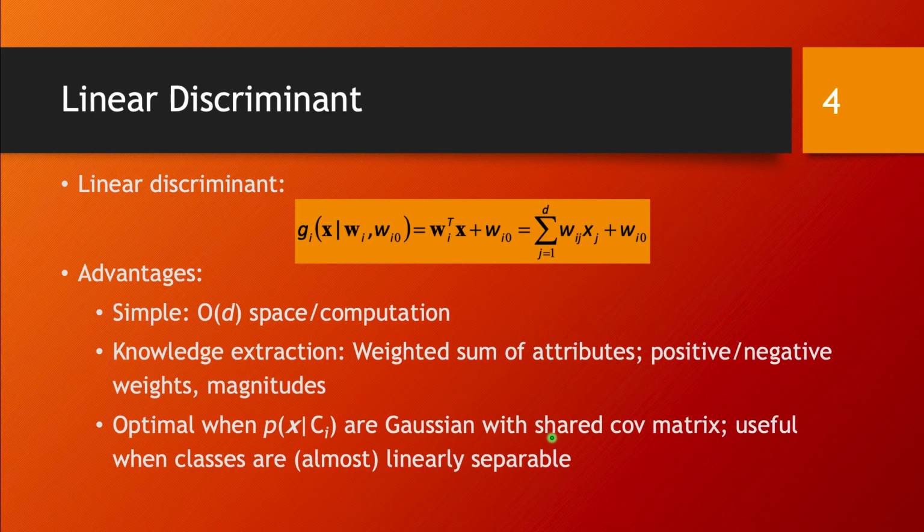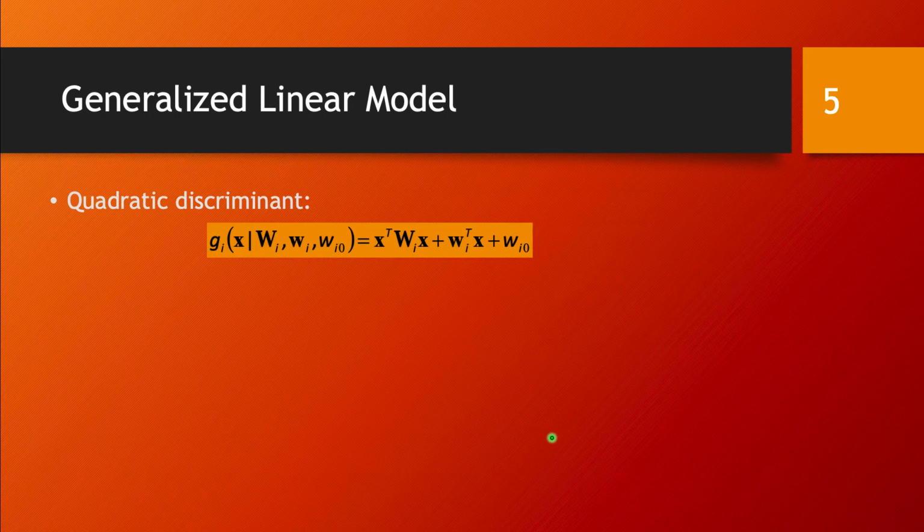In that case, this linear discriminant method could also be used by replacing it with a so-called generalized linear model. I want to show you that in some detail, and we are going to come back to this pretty soon in this course when we discuss kernel methods.